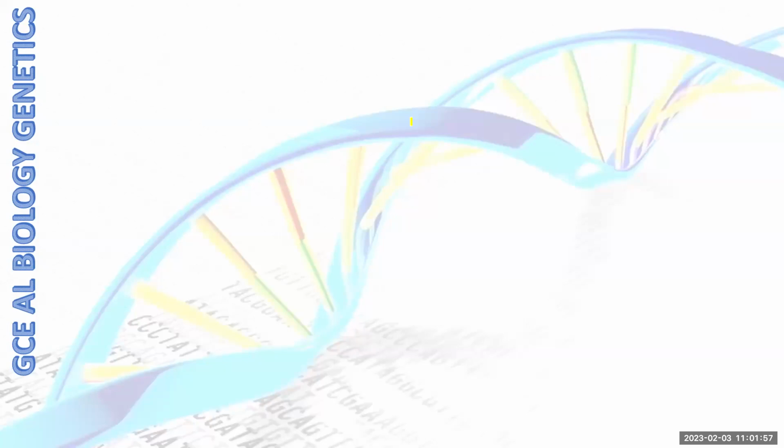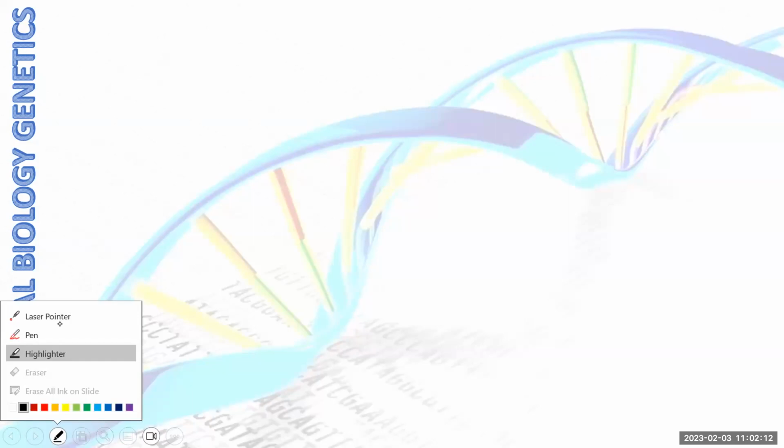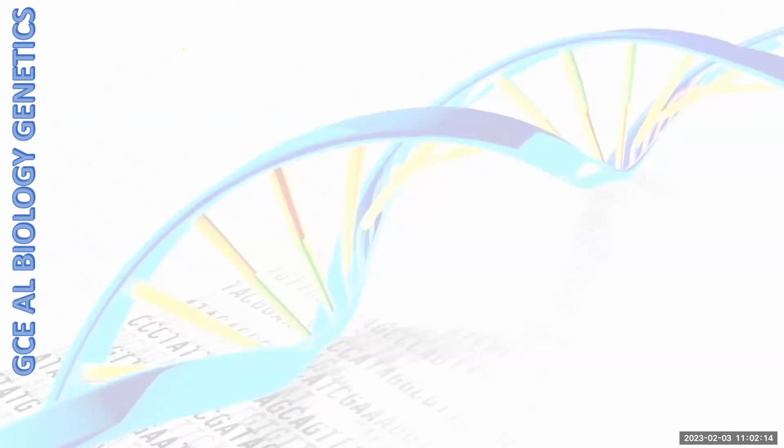Okay, there are two conditions we have to learn as per our resource book. The first one is called sickle cell anemia.